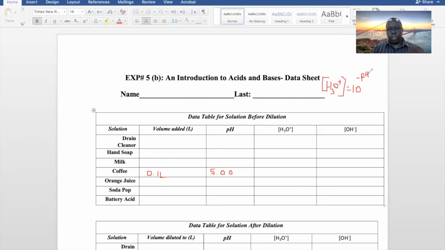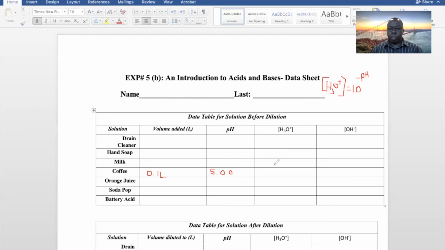It is different whenever you are dealing with strong acids, strong bases, or generally acids and bases, finding the pH.